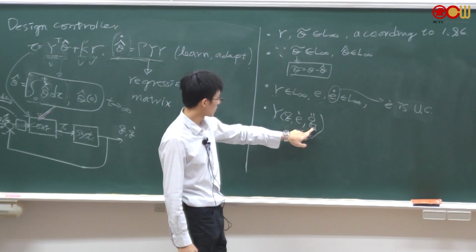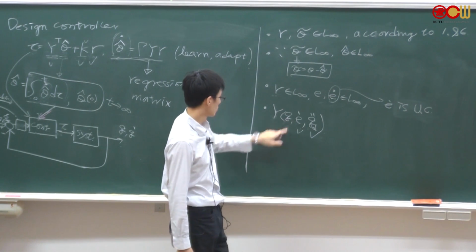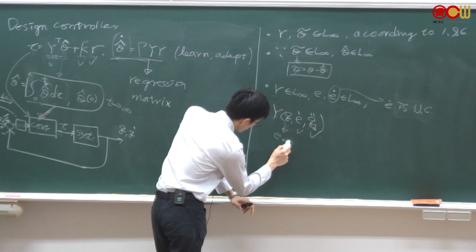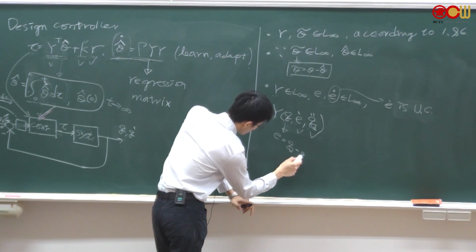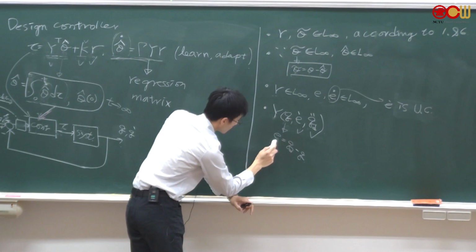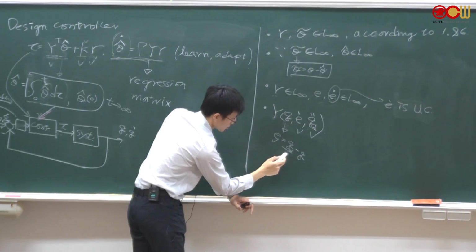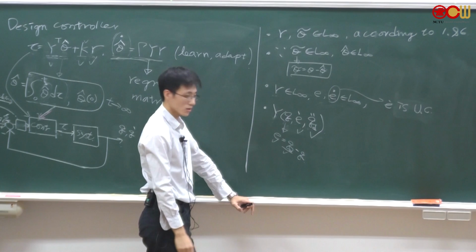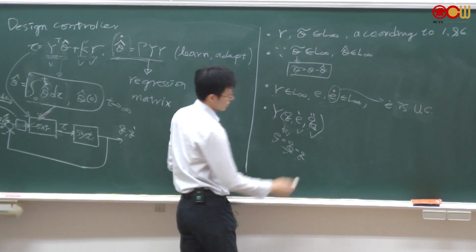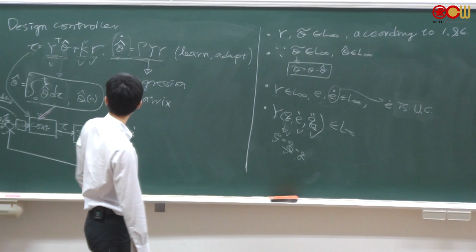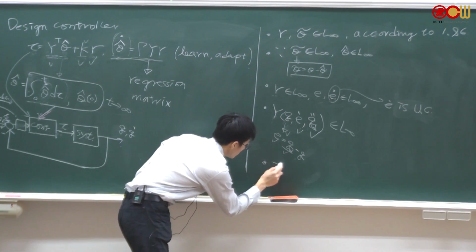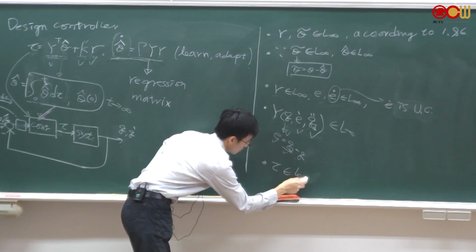So both will be bounded, and this for sure will be bounded because from the definition E equals Q D minus Q, and from here it's bounded, and this is the user's choice, which will be designed to be bounded. So Y will be bounded, and therefore tau will be bounded, and that's important.